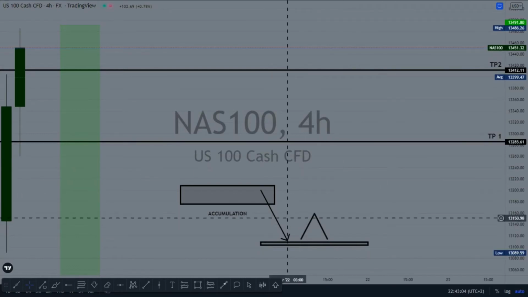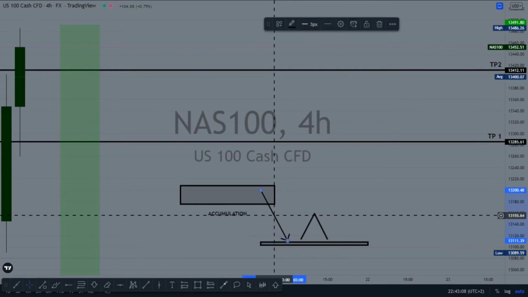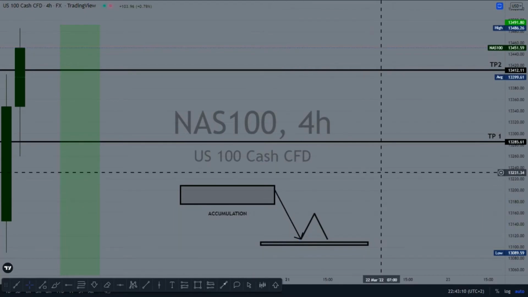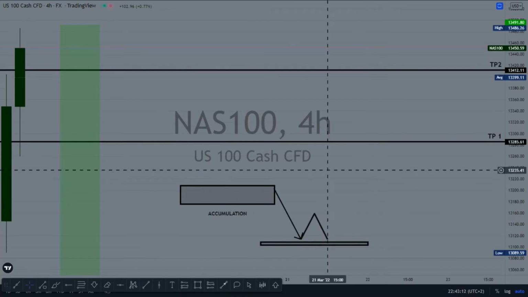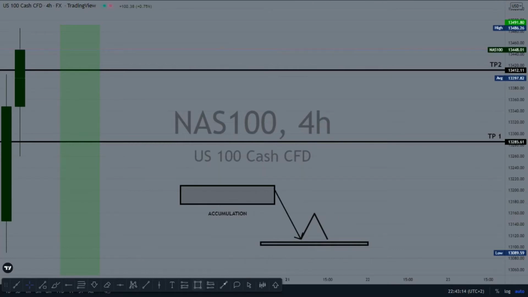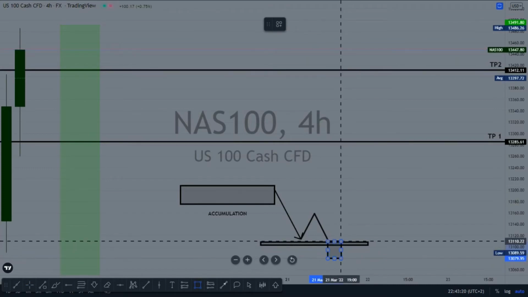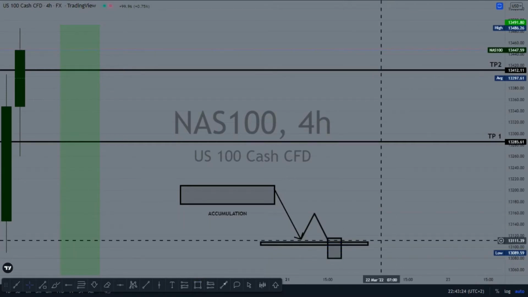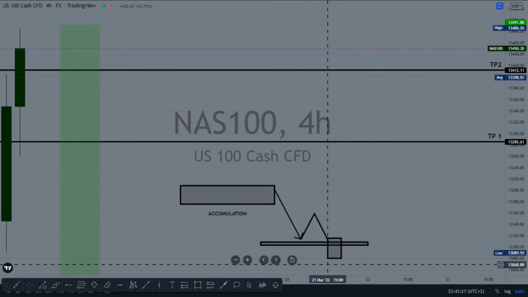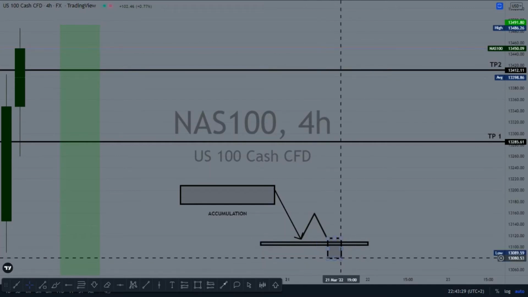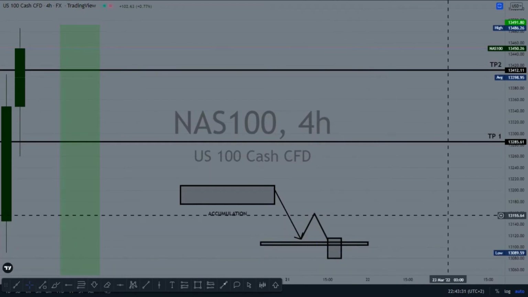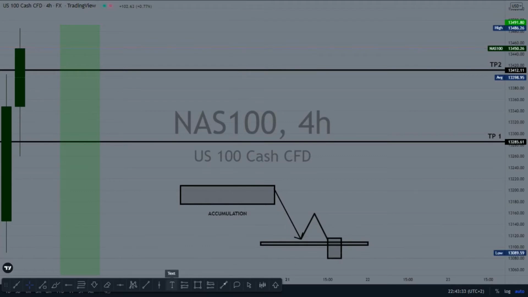So this is now the most interesting part. If we get this kind of setup, usually here is where the market is going to give us a spike downwards to induce more traders to go the wrong way.